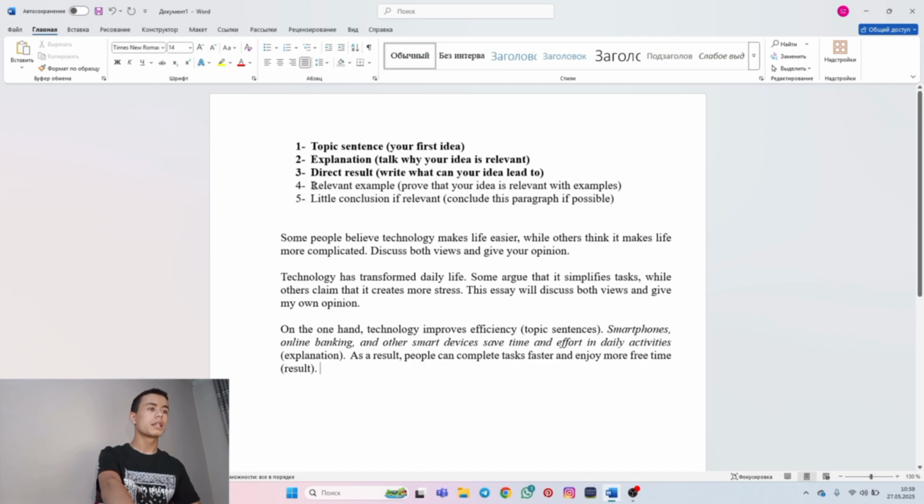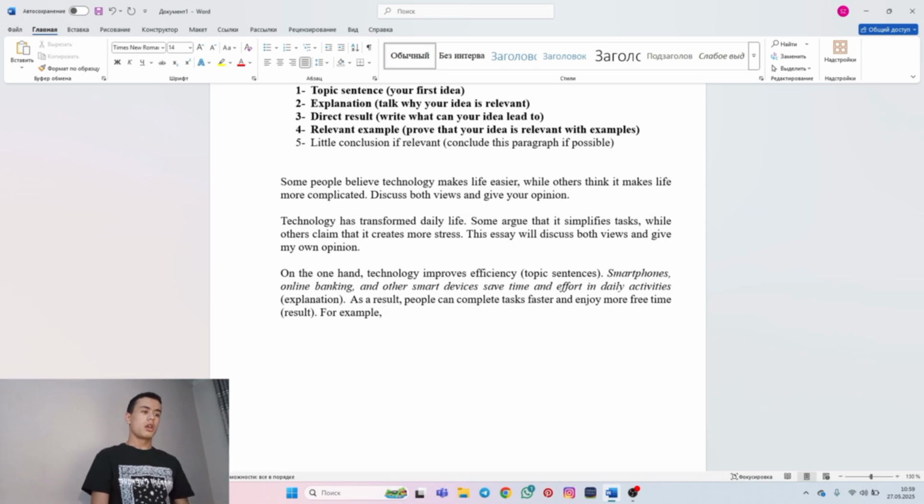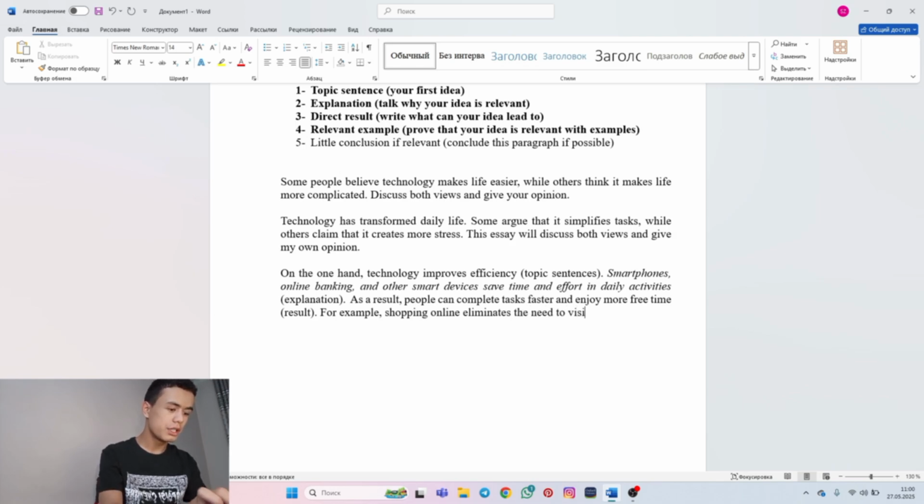And a relevant example is very useful and always helps people get higher scores. For example, shopping online eliminates the need to visit stores.